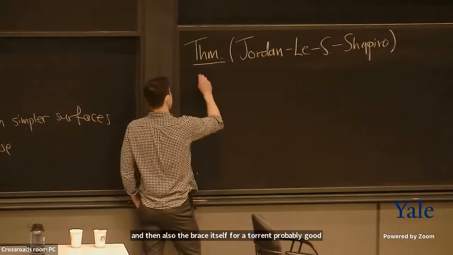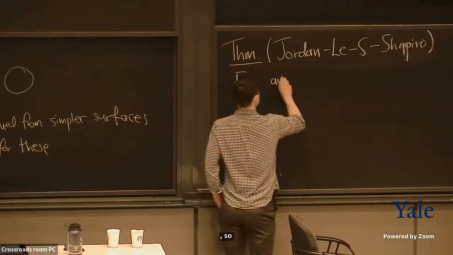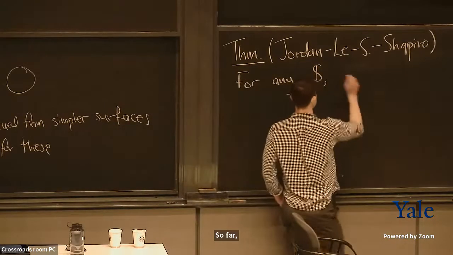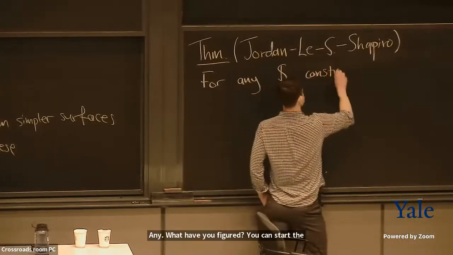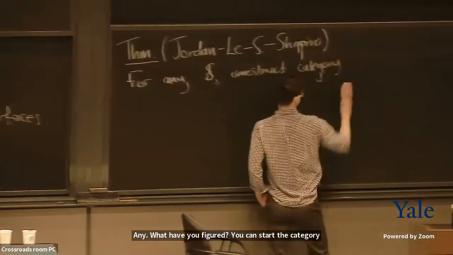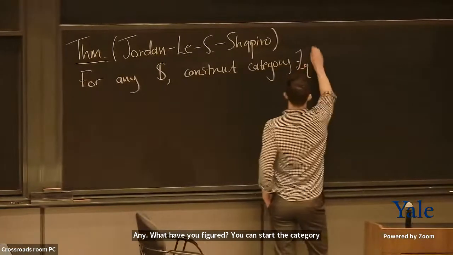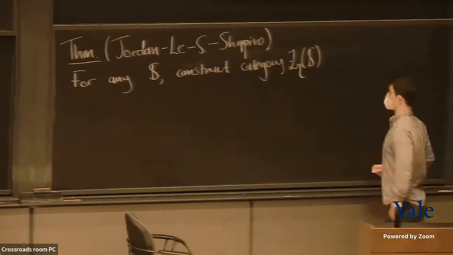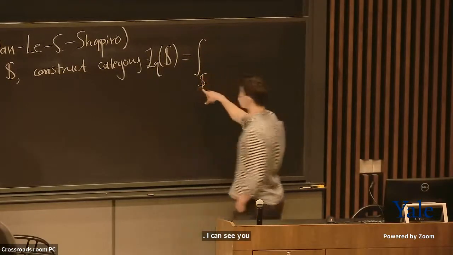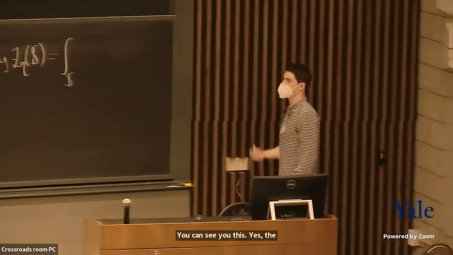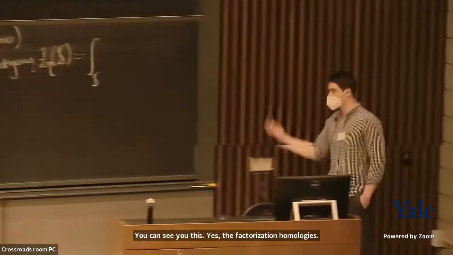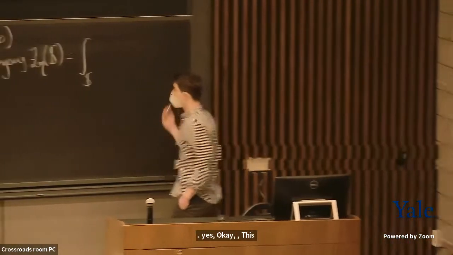So for any one of these decorated surfaces S, we construct a category ZQ of S as the factorization homology of S, the stratified factorization homology, which I'll denote by this integral over S, of what?